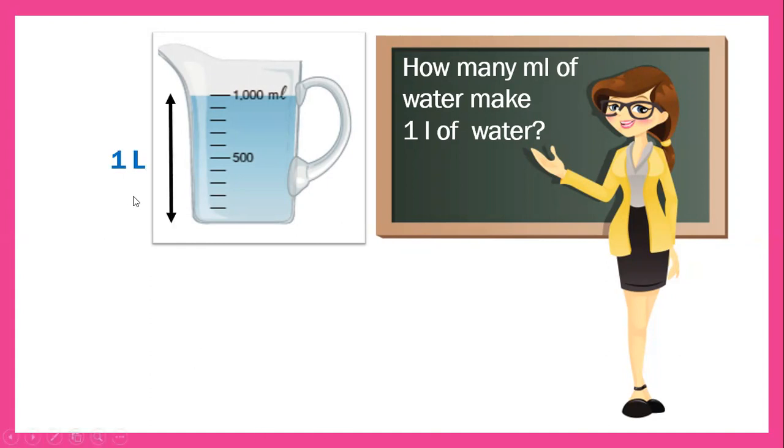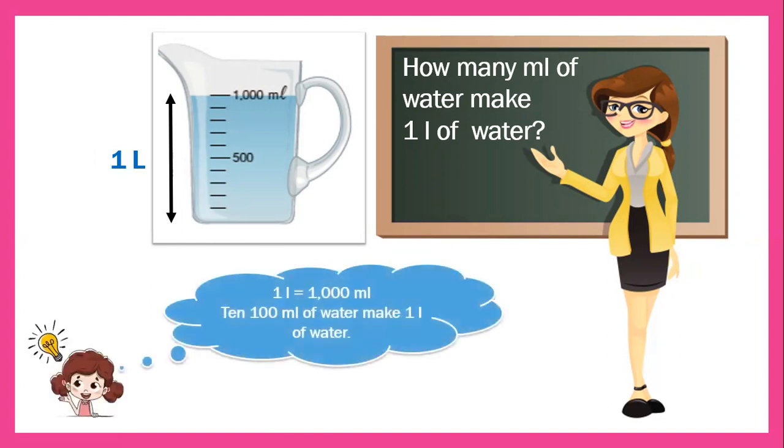Now we can tell that 1 L or 1 liter is equal to 1000 ml or 1000 milliliters. Or we could say 10 100 ml of water make 1 liter of water.